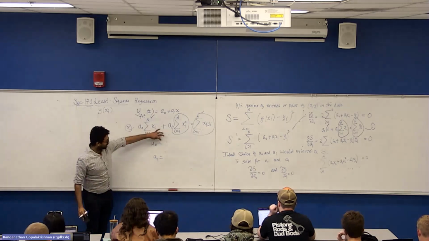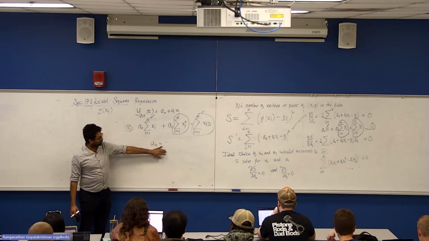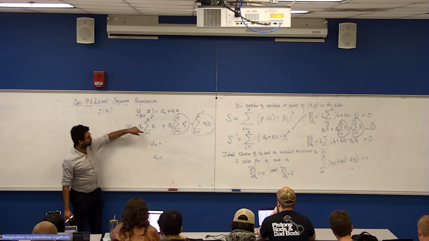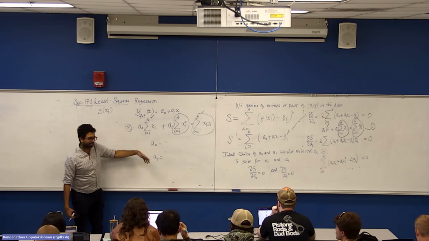There is a formula for A0 and A1 that the book gives you. I don't like the formula because it's too big to remember. If I am given two equations with two unknowns, we can all solve it any day we want. We don't have to memorize some formula.